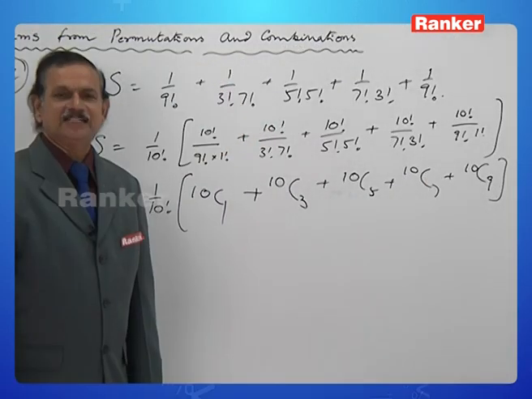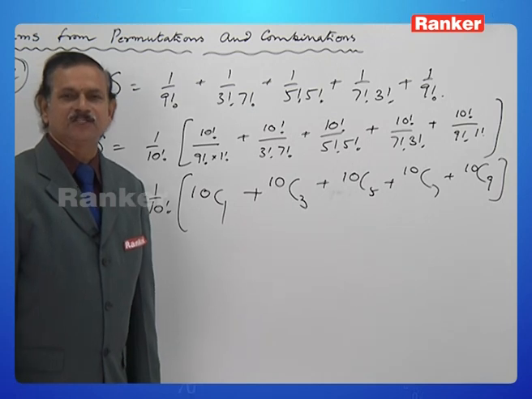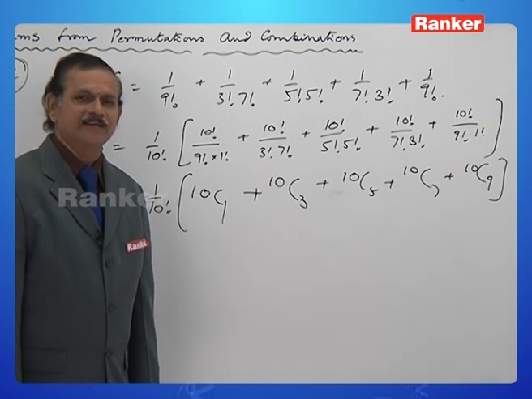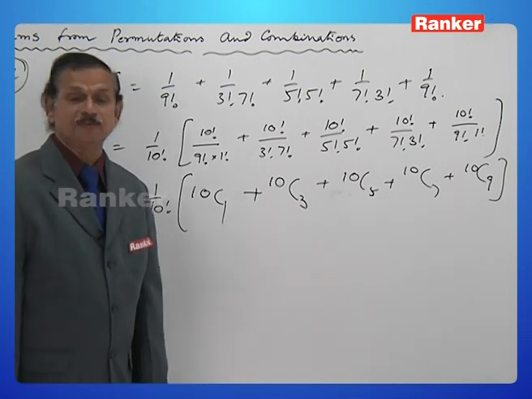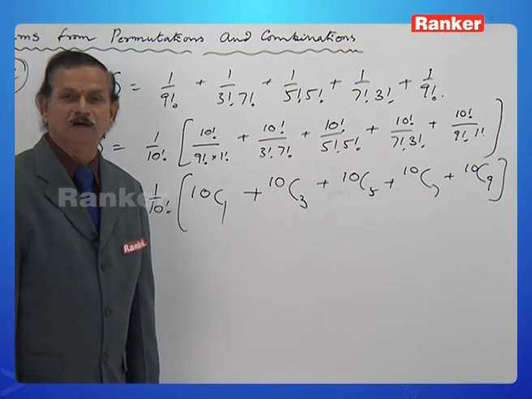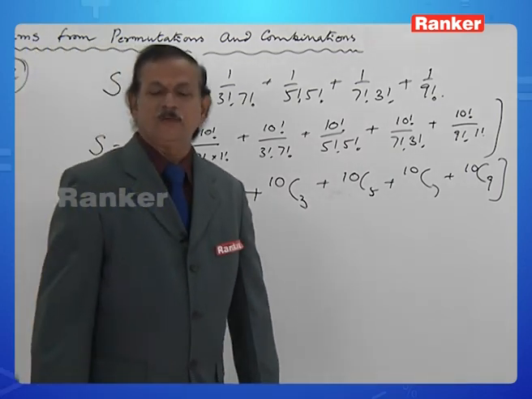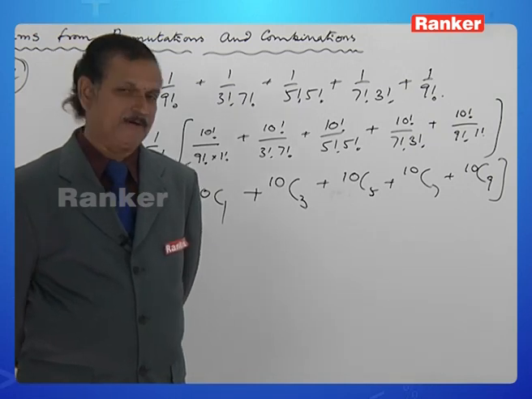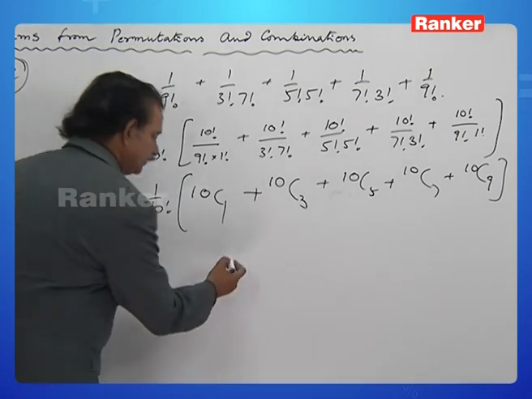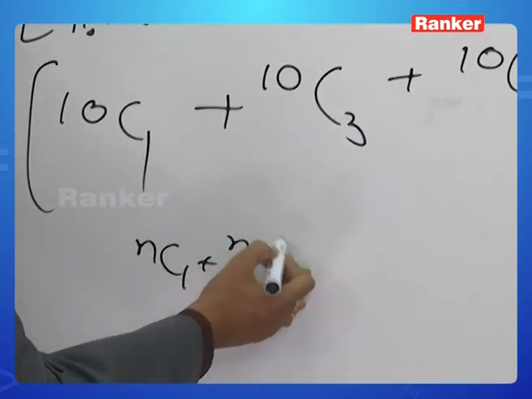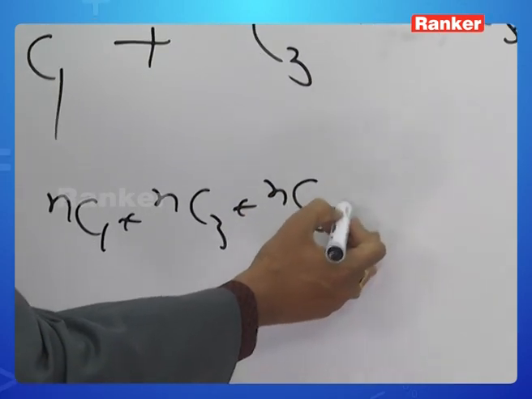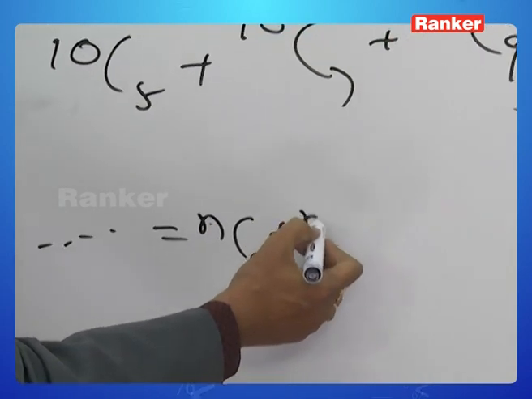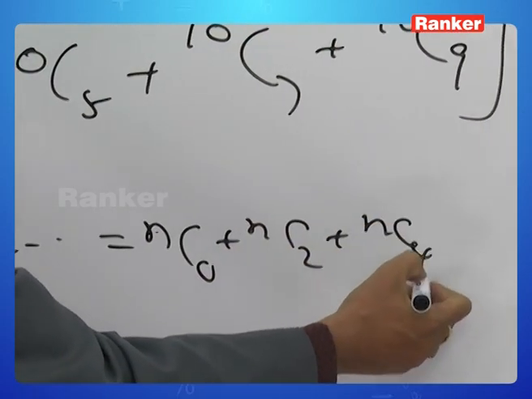While studying the properties of NC0, NC1, NC2, NC3, et cetera, we could have observed beautiful properties of those binomial coefficients. We know that NC0 plus NC1 plus NC2 plus etc. plus NCn is 2 power n, whereas NC1 plus NC3 plus NC5 plus etc. is equal to NC0 plus NC2 plus NC4 plus and so on.